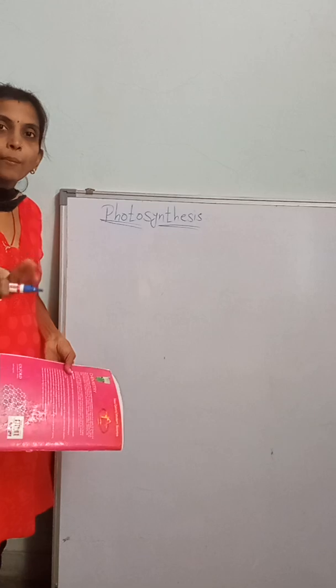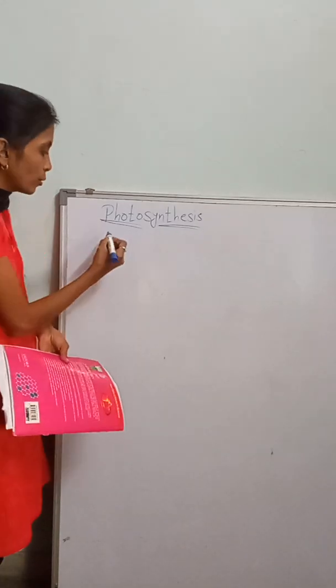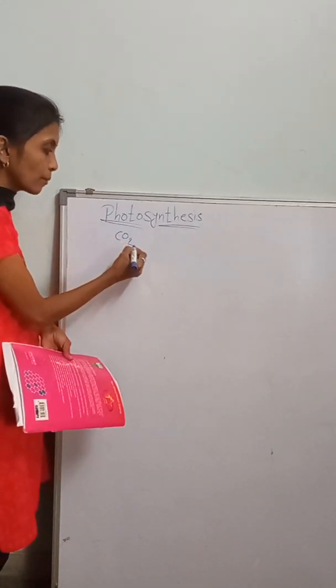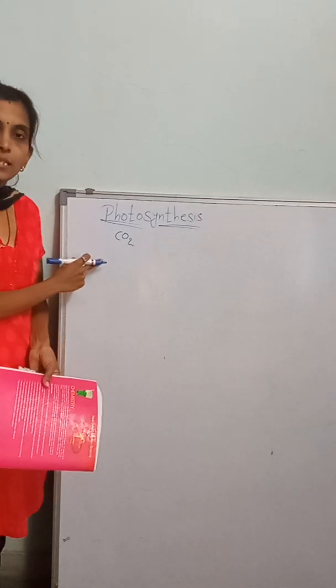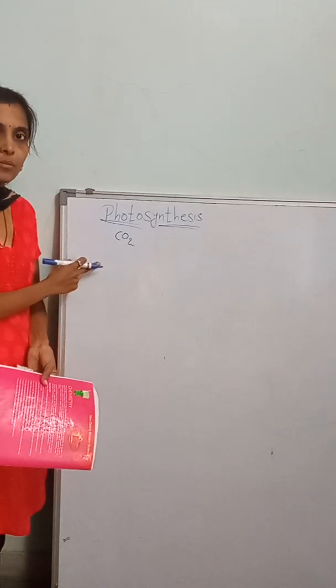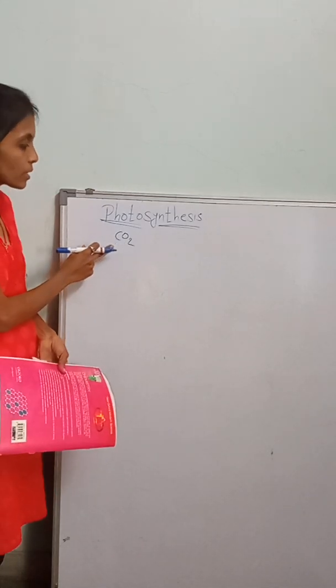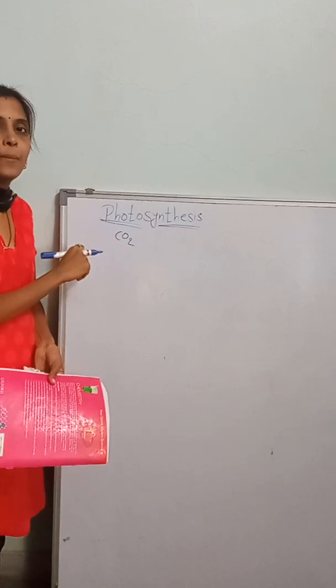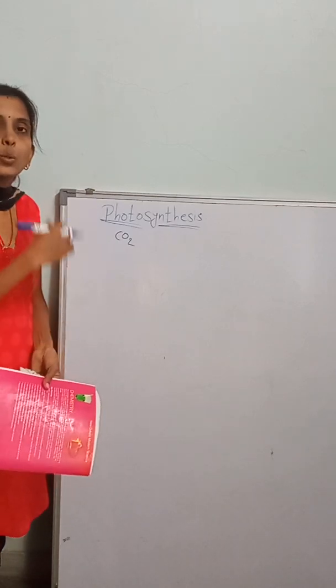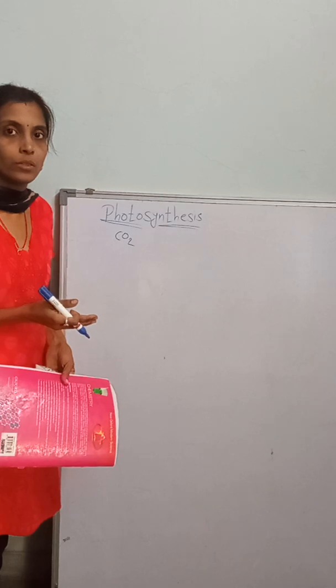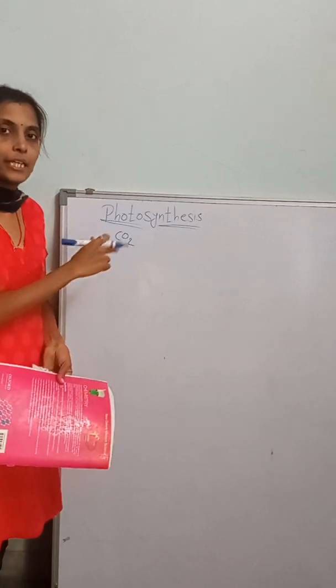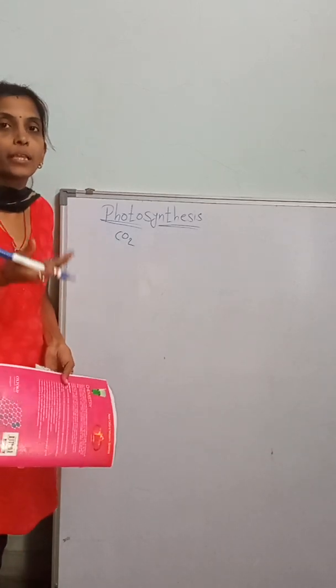But what about the carbon dioxide released in burning? This carbon dioxide is used up by the plant to make its food.